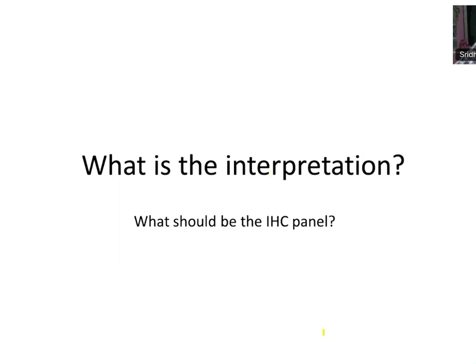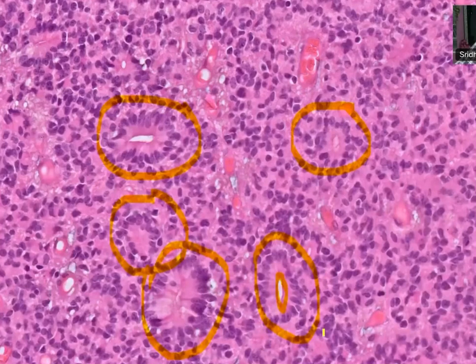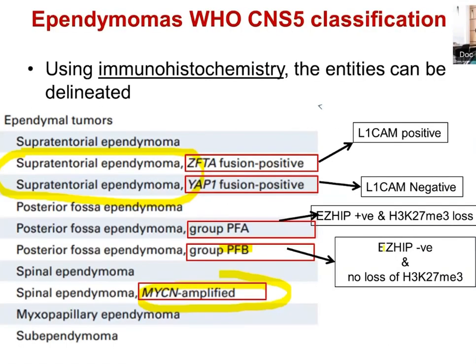The second marker? Sir, MYCN. No, MYCN is for spinal. Spinal, sorry. What is this one? EZHIP. Okay. So you have to remember two markers, EZHIP and H3K27me3, for posterior fossa ependymoma.